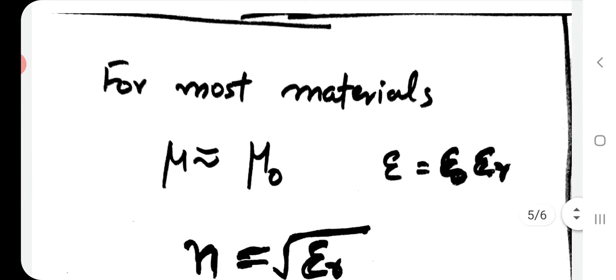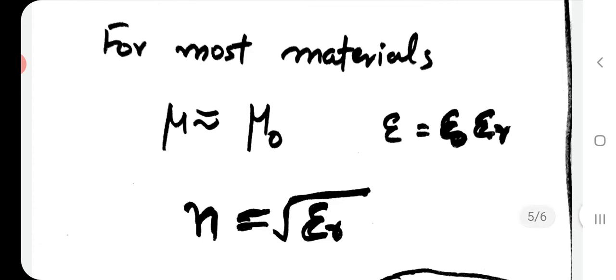Now for most materials mu is close to mu 0. Epsilon we know is equal to epsilon 0 epsilon r, where epsilon r is the relative permittivity. So epsilon r is equal to epsilon by epsilon 0.